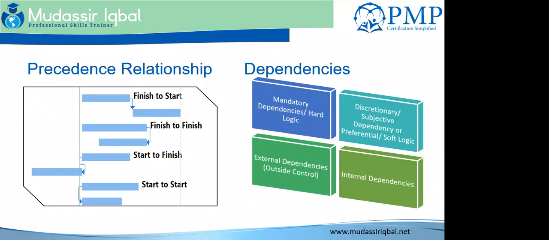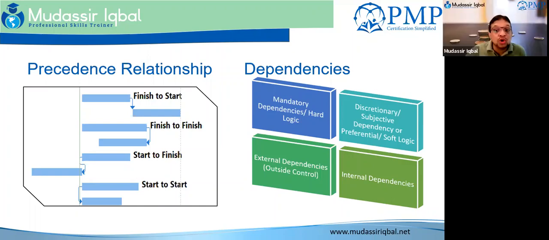Whereas the example that you have given is discretionary, which is good to have. It is a best practice, it's a standard, it's a resource availability. But then again, if I do the carpeting before or at the same time as painting, nobody is going to stop me, but my risk will become higher. I have to make sure that my carpet is covered properly.